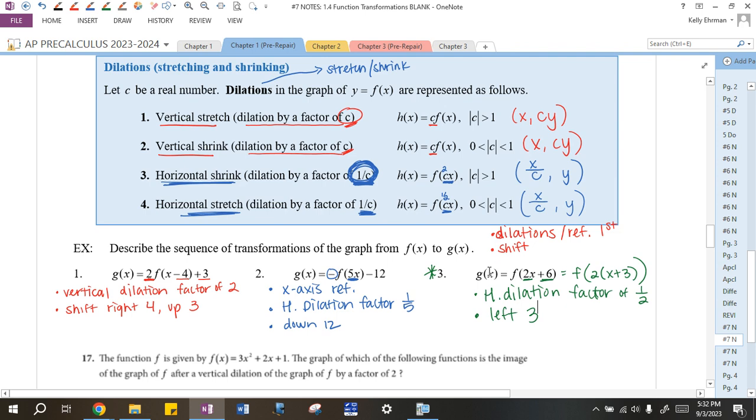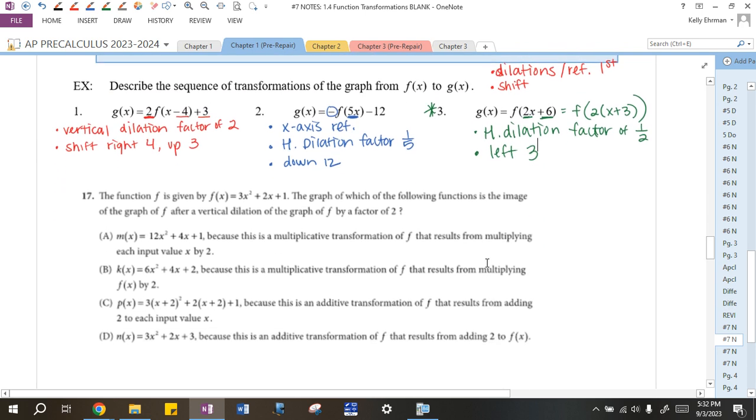Here's an example of an AP question. The function f is given by 3x squared plus 2x plus 1. The graph of which of the following functions is the image of the graph of f after a vertical dilation of the graph by a factor of 2? What does that mean? The factor for vertical dilation is every y value got multiplied by 2, right? And every x value stayed the same.